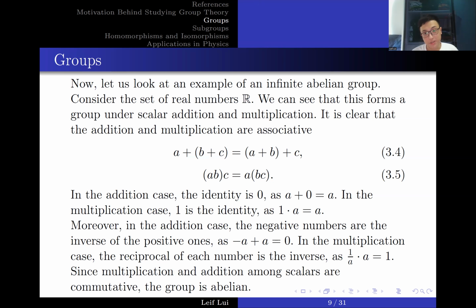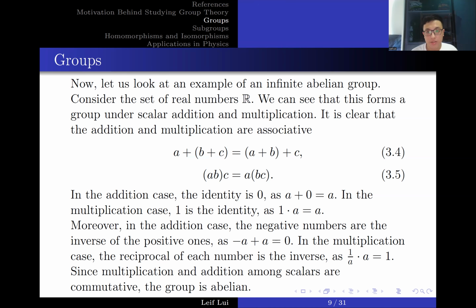Let's assume that the identity is also 0. A times 0 is 0, not A itself. So therefore, it can't be the identity. In this case, the identity is 1, because 1 times any scalar is equal to the scalar itself. So in the addition and the multiplication case, the identity is different.